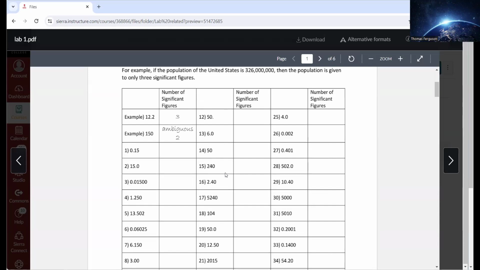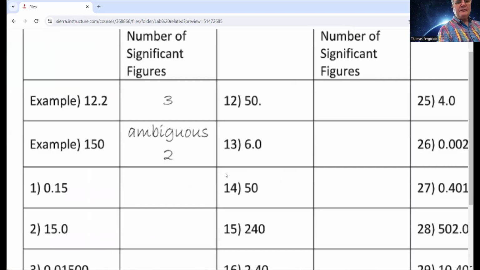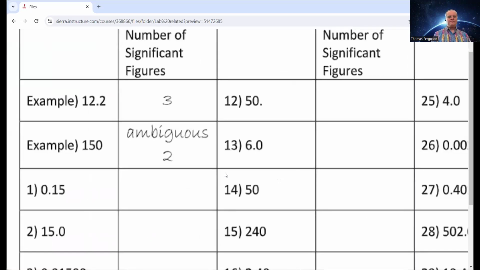Oh, while I'm on this here, I want to talk about something. In my class and your subsequent chemistry classes, 1A, 2A, 3A, most of the time, in my class it's 100% of the time, but sometimes in other classes, they'll want you to say ambiguous here. So for example, here, that has 2 sig figs because the trailing zero has no decimal point.